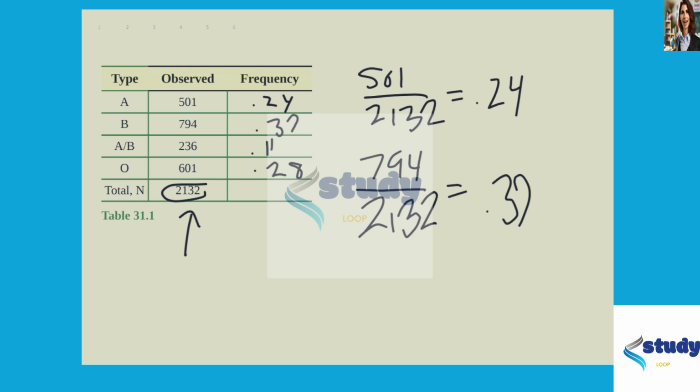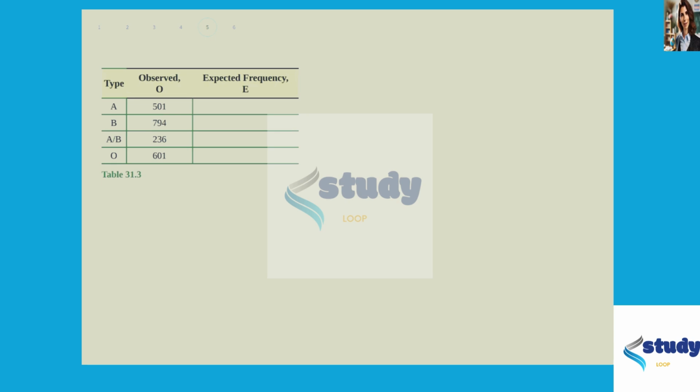Okay, and then someone has gone in and used this data to give us some probabilities. They give us that the probability of allele A is going to be equal to 0.201.